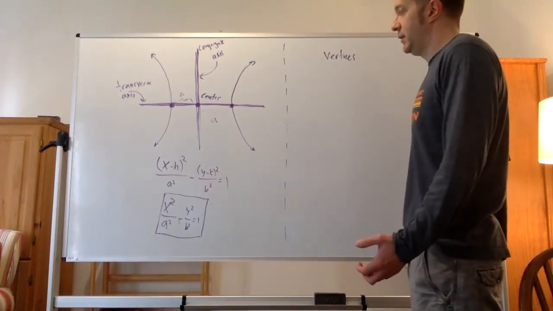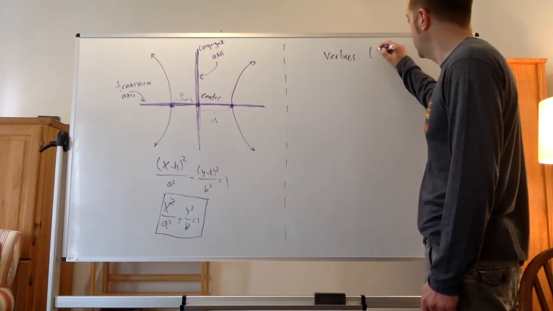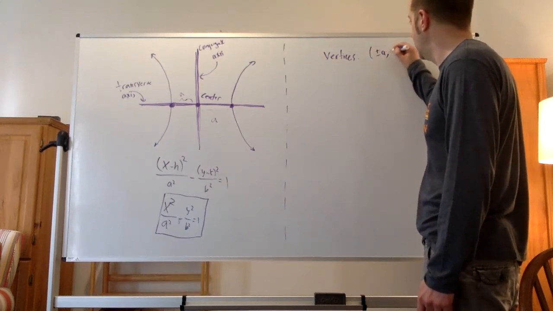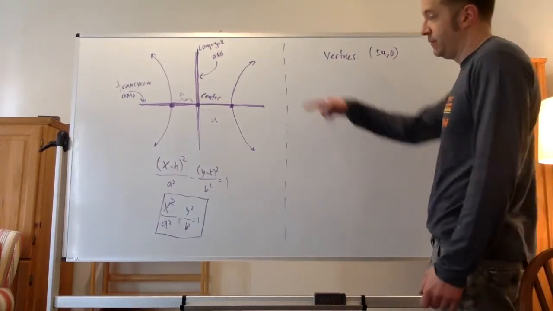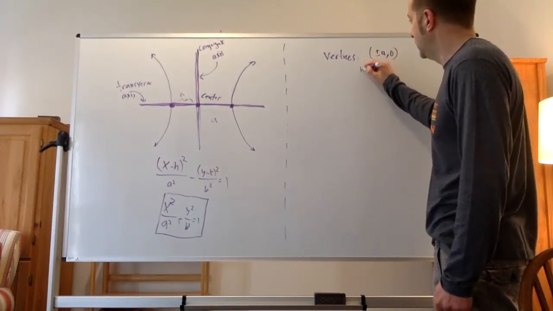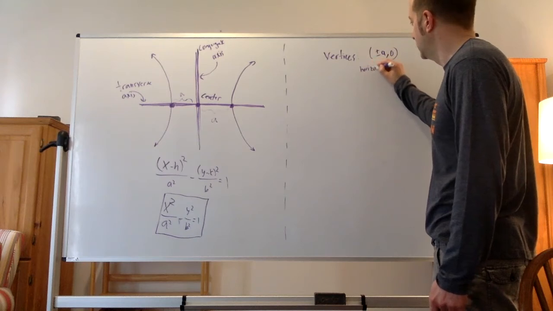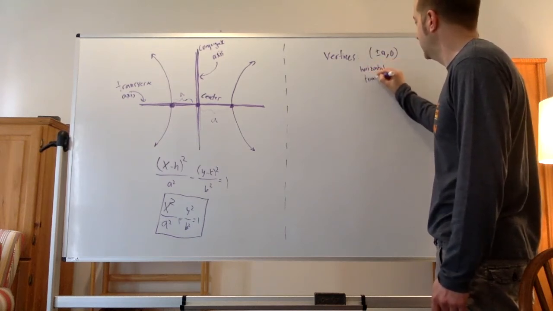And since these are always going to be centered at the origin, the coordinates of the vertices are going to be plus or minus A comma 0. This is for, I'll call this a horizontal transverse axis.